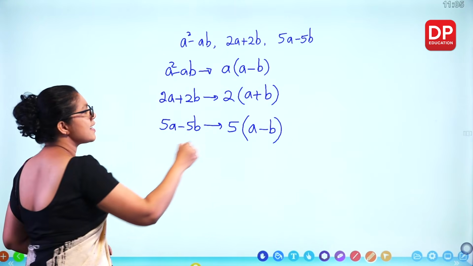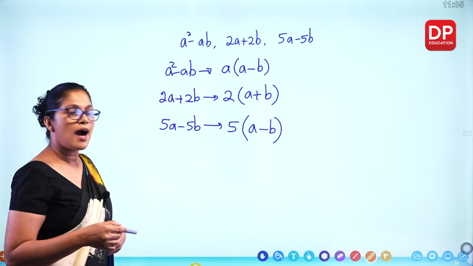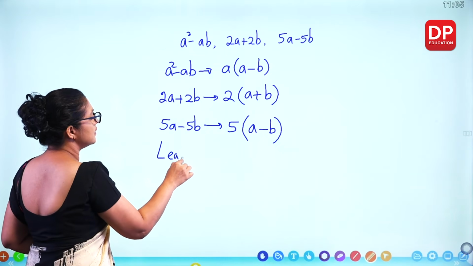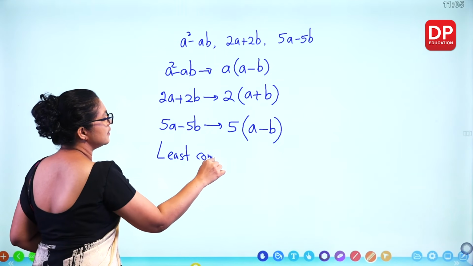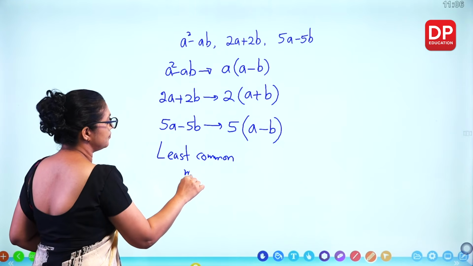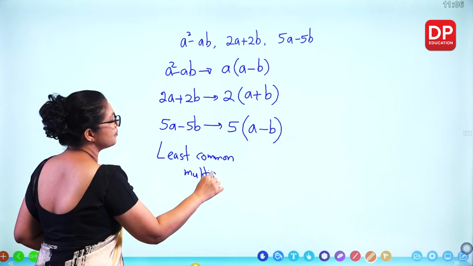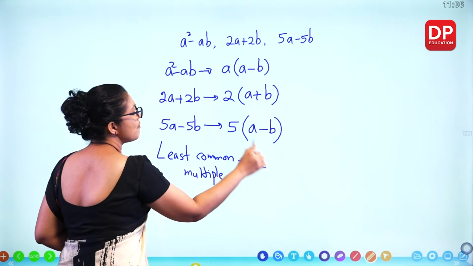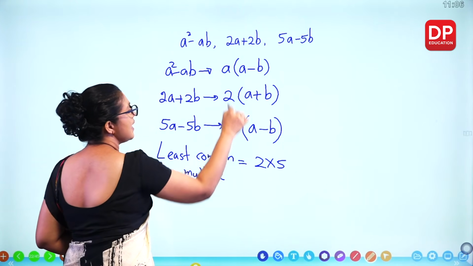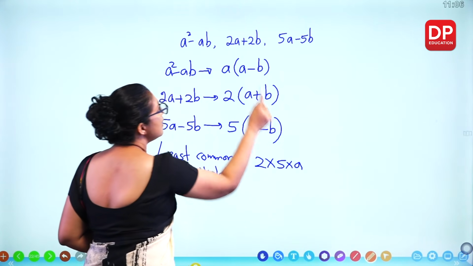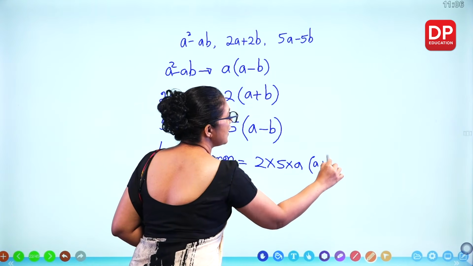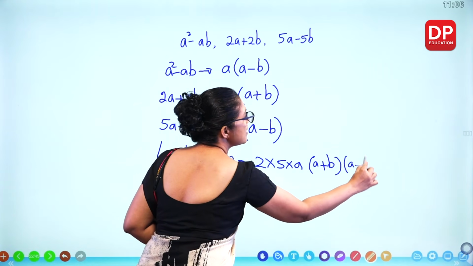Now look at these expressions and write down the highest power. 2 is 2 ones, 5 ones and a ones. And when you look at this one, a plus b is there and a minus b there.